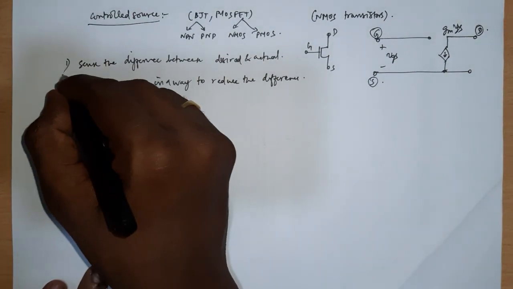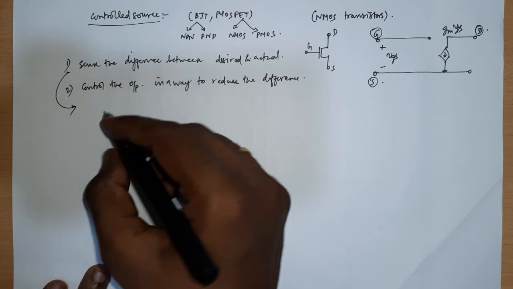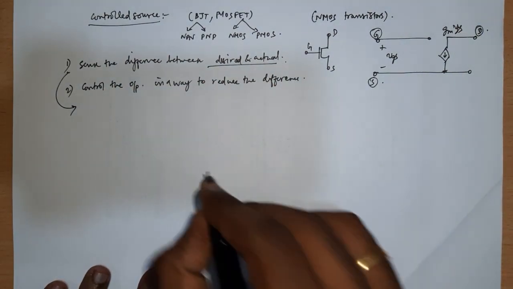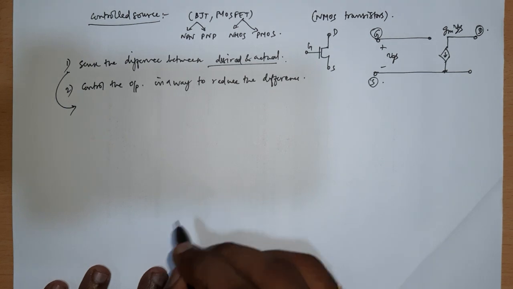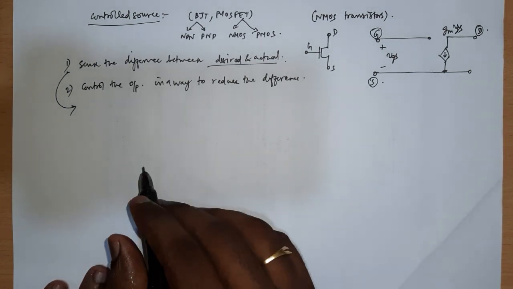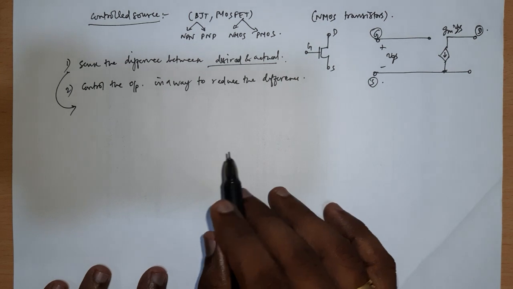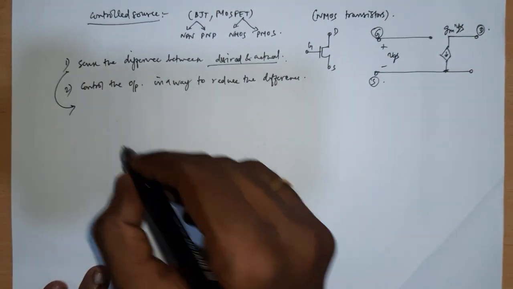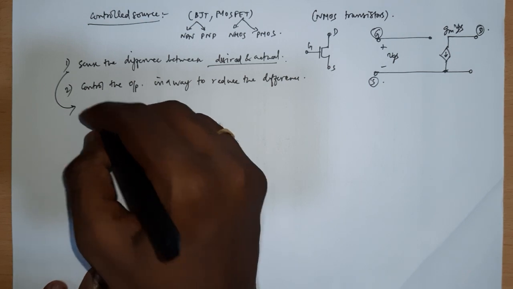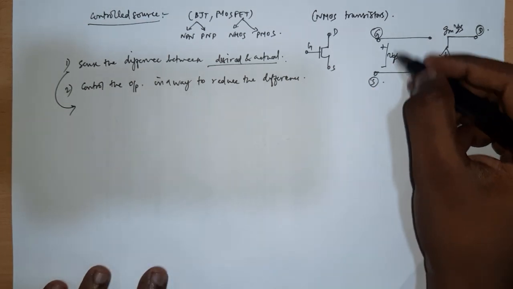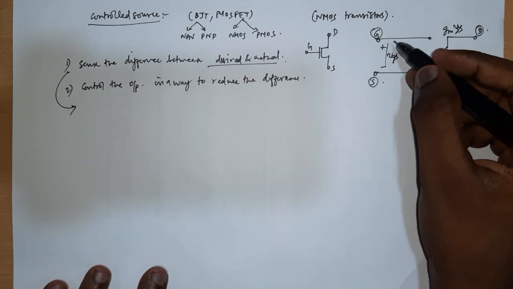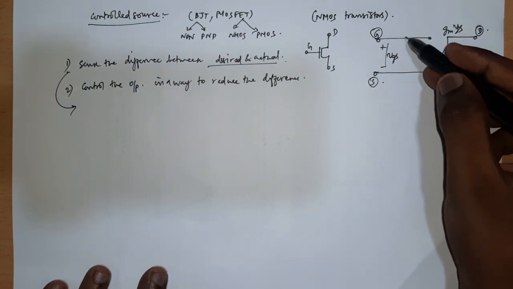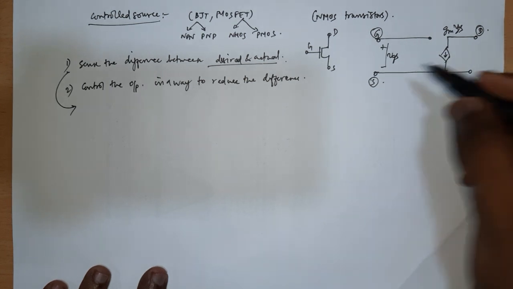Now as far as the first step is concerned, you have to sense the difference between desired and actual, and I said that you will be doing it at the input side. You will compare the input voltage and some fraction of the output voltage. So on the input side, you can actually compare two voltages only. As far as the MOS transistor is concerned, you can only compare in the form of voltages, right?